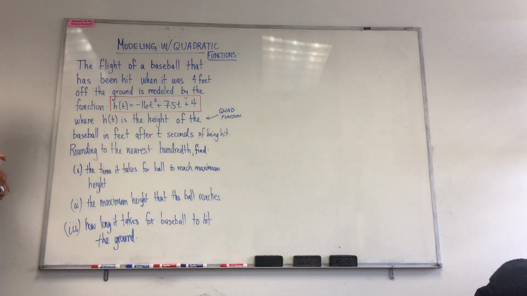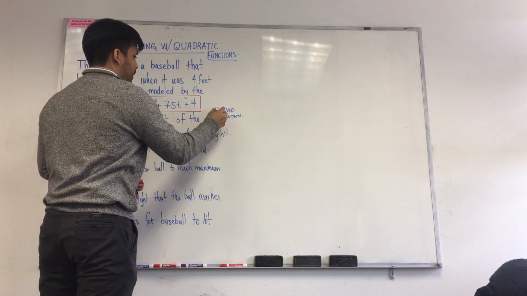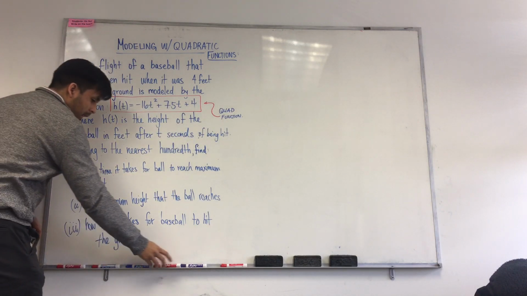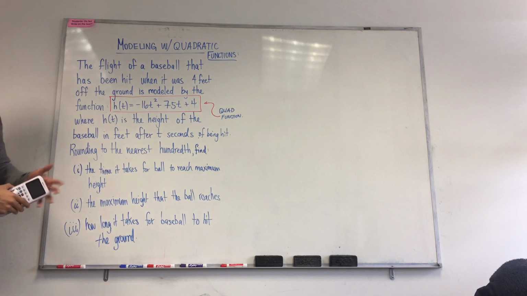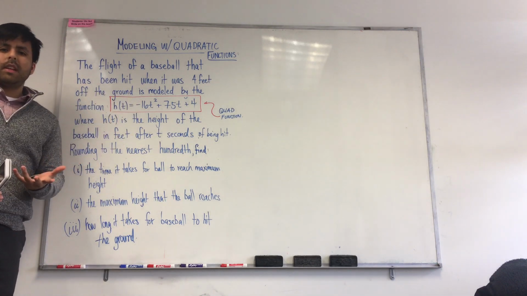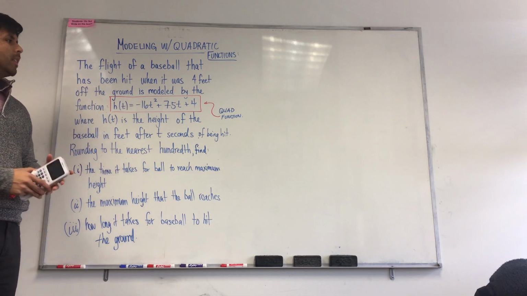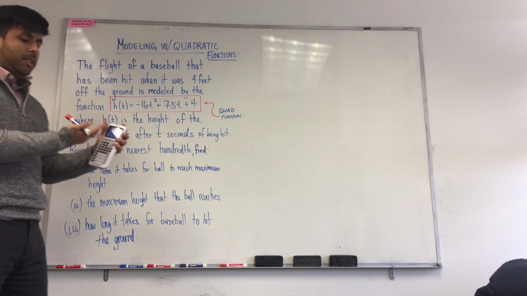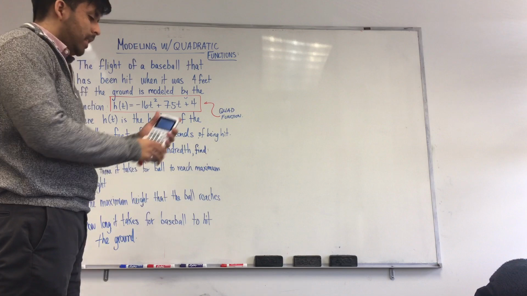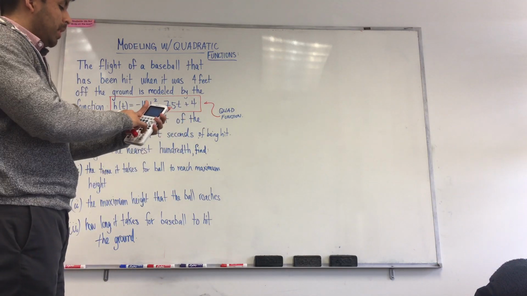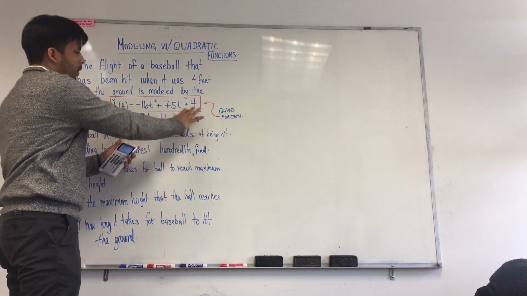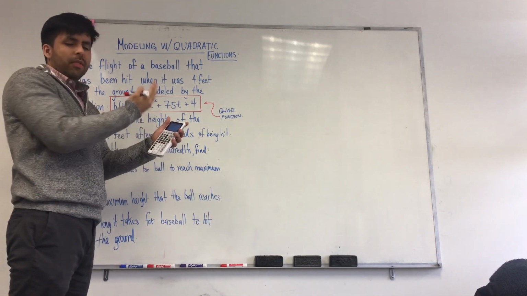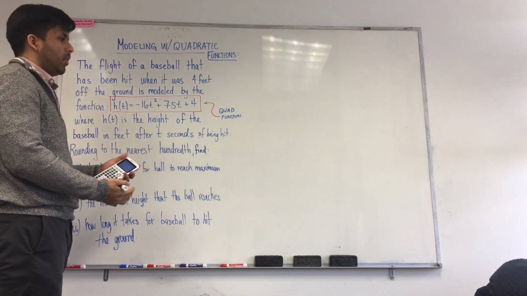So the first order of business is to understand this quadratic function, right? This is the quadratic function that we're looking at. Now, maybe we don't know exactly what it looks like, and this is when we can use our calculator to give us just an idea of what it's going to look like. So if you have a graphing calculator, I have a TI-84 Plus CE color edition. I plug it in my y equals, and of course, this is in terms of t, but here we're going to use x. It's not really going to affect much.